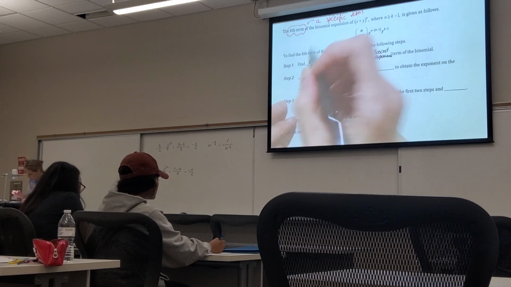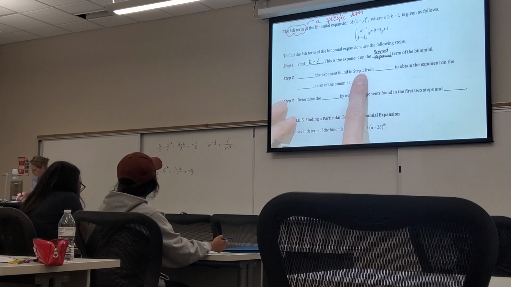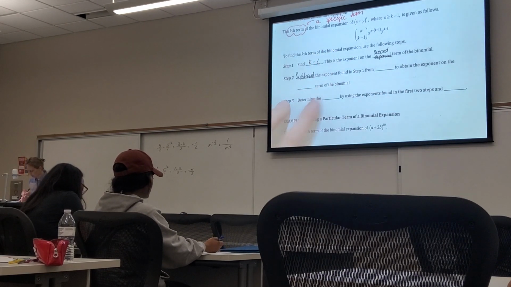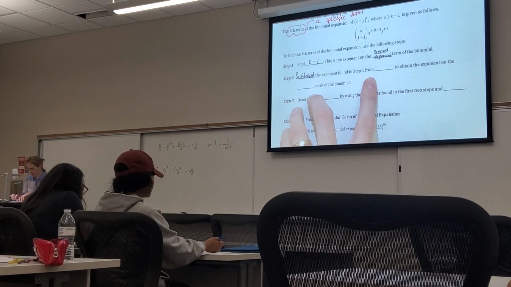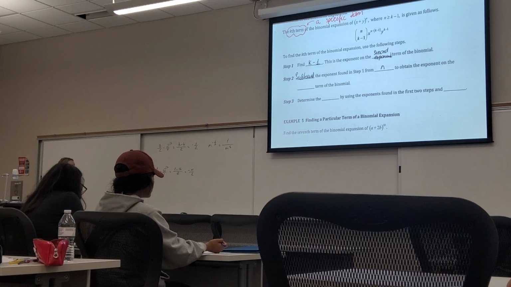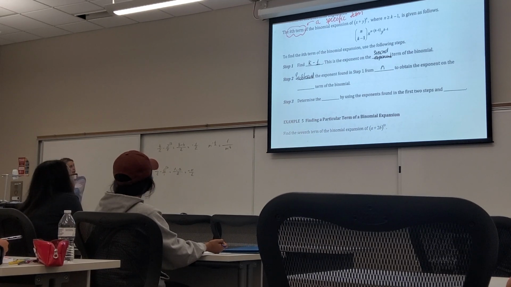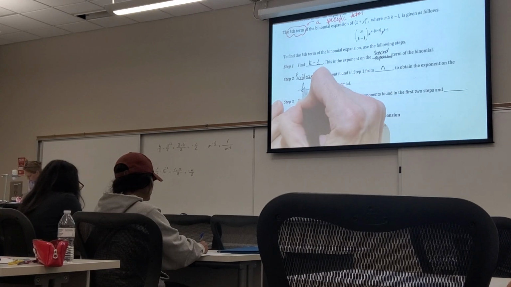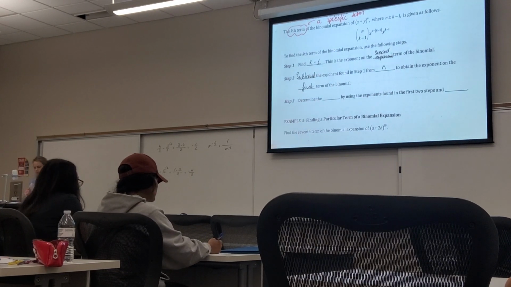And how can I do this? Subtract the exponent found in step number 1 from the degree of your binomial to obtain the exponent for the first term in the binomial.